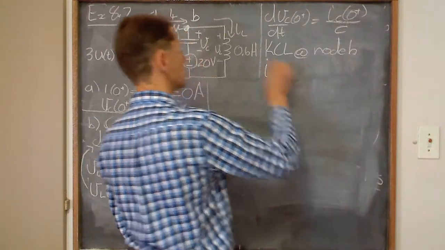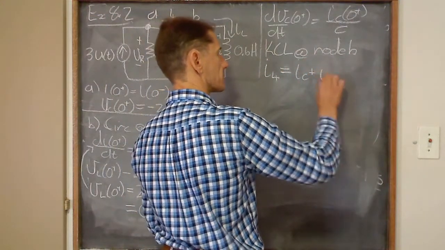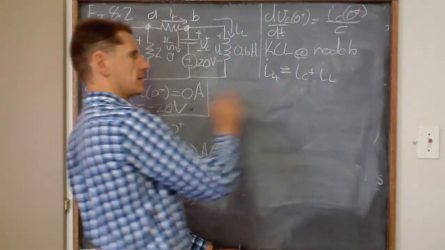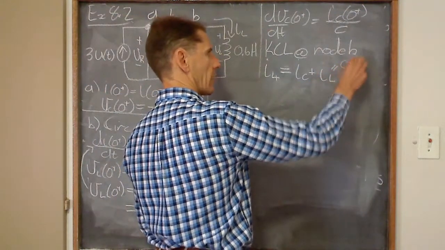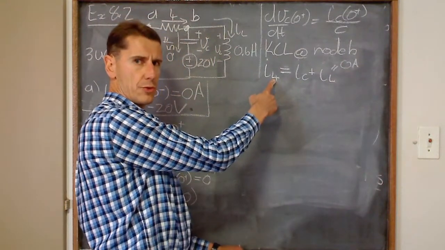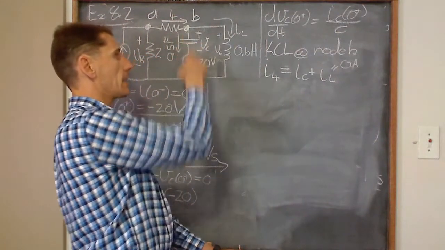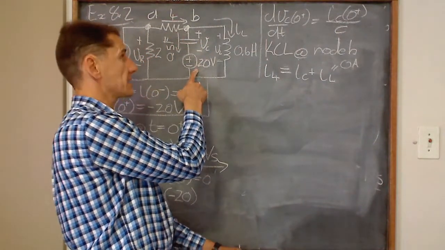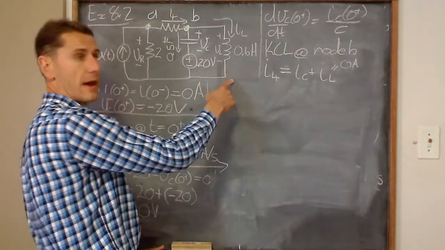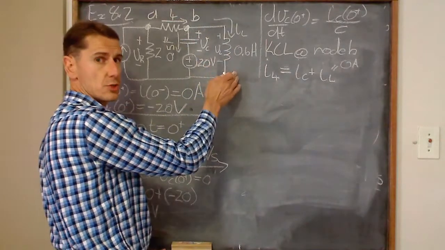I4 must equal IC plus IL. But now we know IL is just 0 amps. So if I can find the current through this 4 ohm resistor, I know what the current is through the capacitor. So effectively, because this inductor current is just 0 amps, it acts as an open circuit for that short period in time.